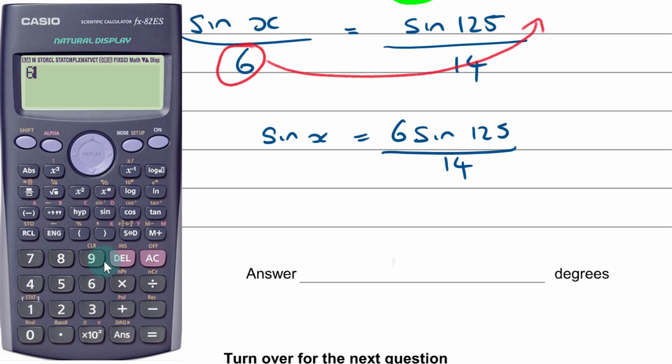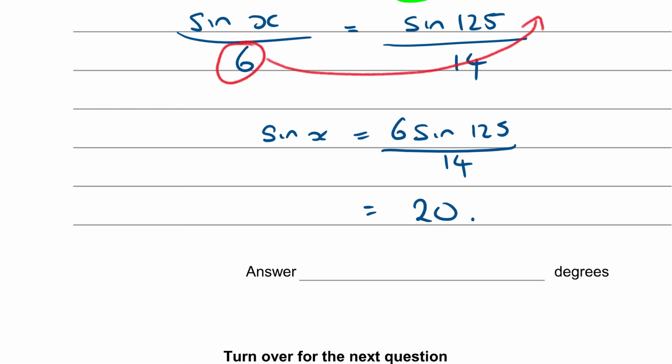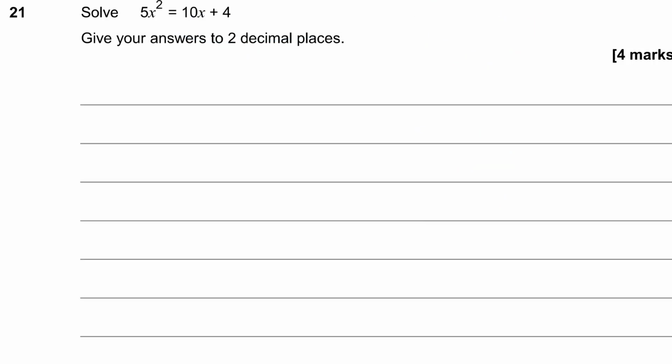Okay, so it's time to reach for our calculator. 6 sine 125 equals, divide by 14 equals, inverse sine answer equals 20.55. Now I normally give angles to 1 decimal place, so that is equal to 20.6 degrees.